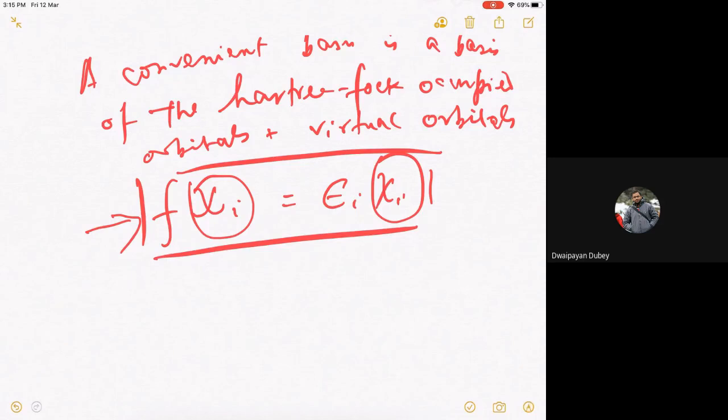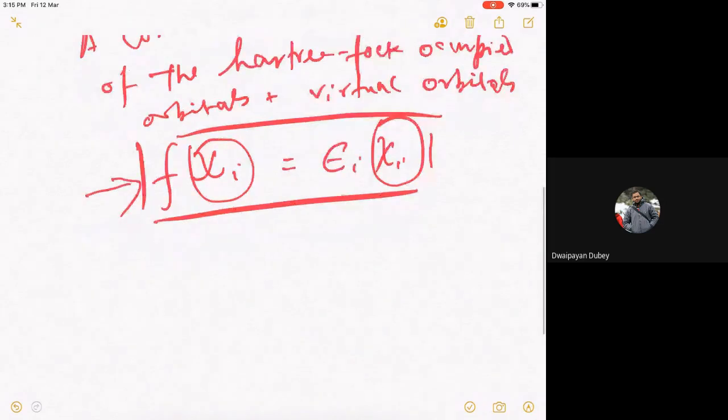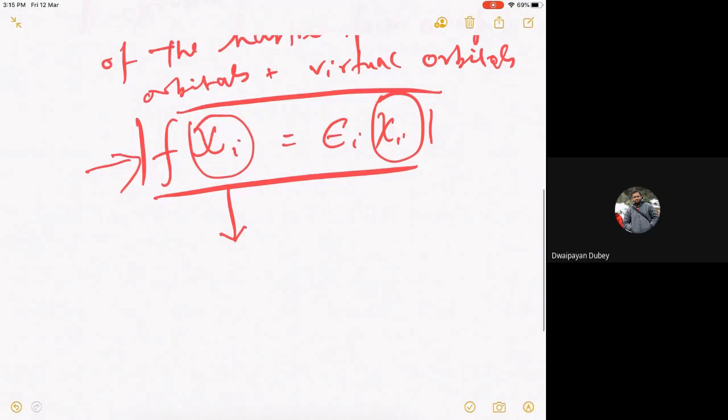In fact, as large as you can determine. Of course, this largeness was eventually reduced by introducing a basis. I can remind you, introducing a basis. So the number of basis functions then becomes the determining part of how many you can get.